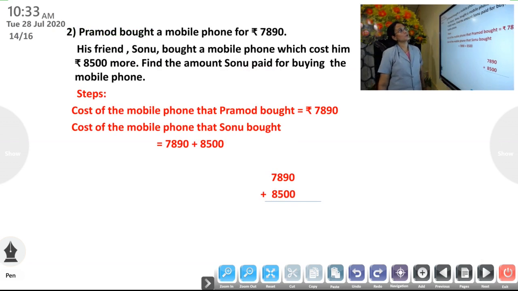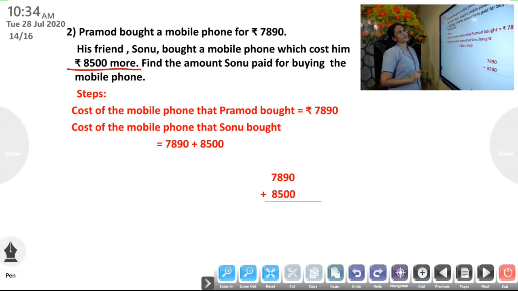Now moving on to the last question. Question number 2. Pramod bought a mobile phone for rupees 7,890. His friend Sonu bought a mobile phone which cost him rupees 8,500 more. Find the amount Sonu paid for buying the mobile phone.